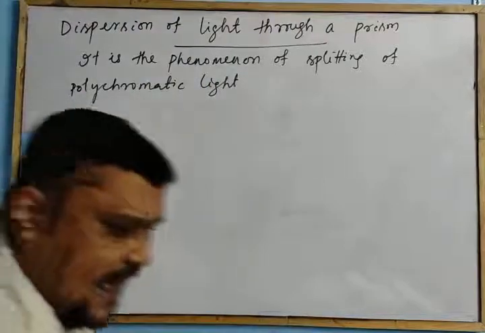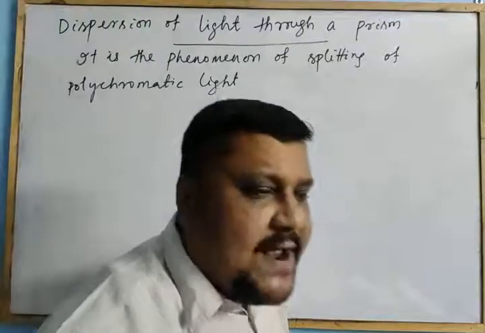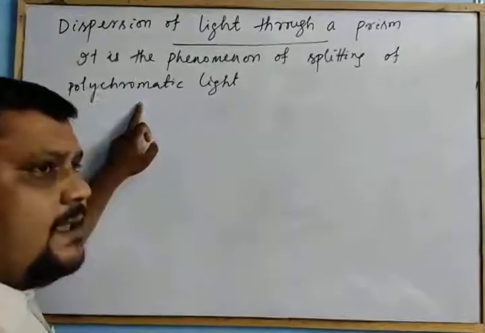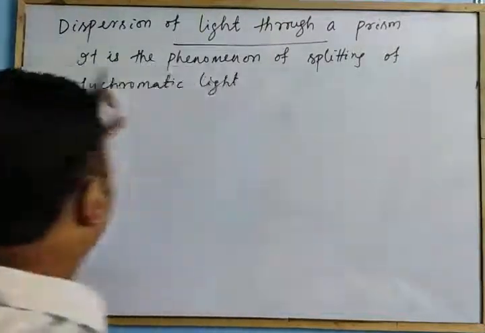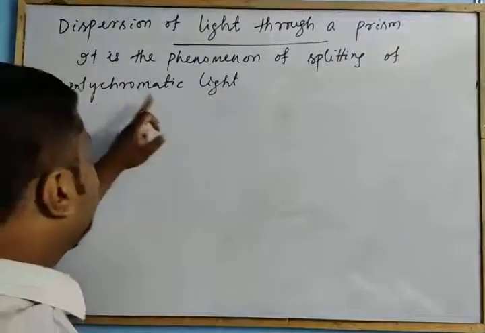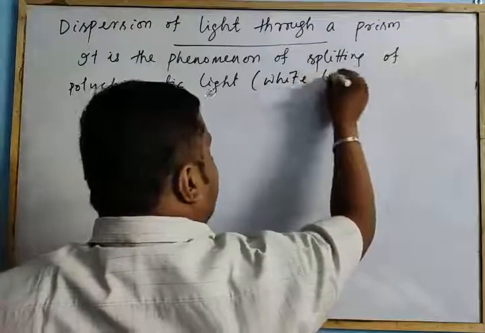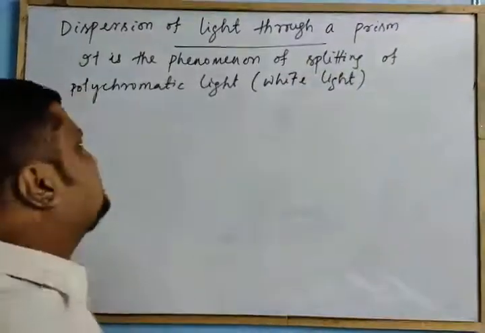The light consists of more than one wavelength. That is called polychromatic. If it consists of one wavelength, it is monochromatic. Like your example is your white light. We can say it consists of 7 wavelengths. So that's why you are getting 7 colors.